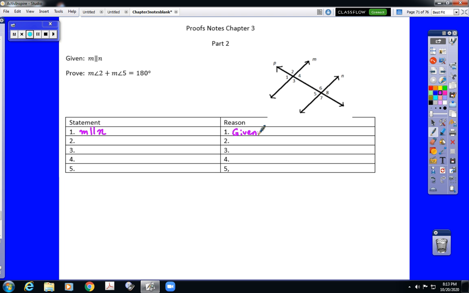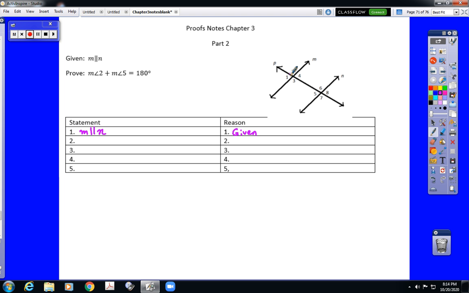However, we can't go directly to our solution because angle 2 and angle 5 in this picture do not have a vocabulary-based relationship. They're not consecutive interior, they're not consecutive exterior, alternate exterior, they're not corresponding. There's no vocab word that describes them, therefore we do not have a theorem or postulate that describes their relationship.